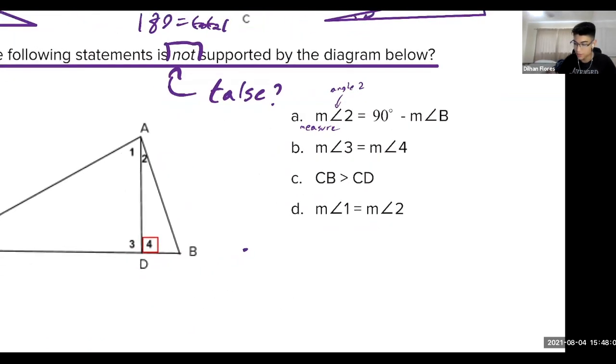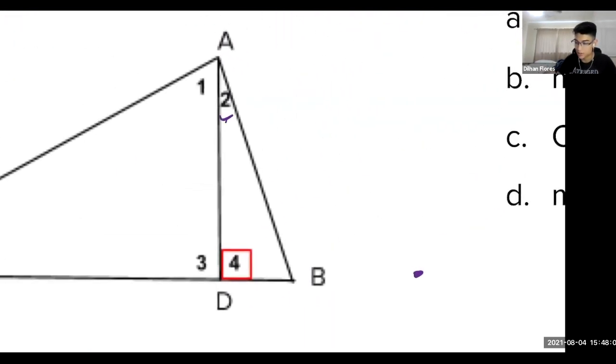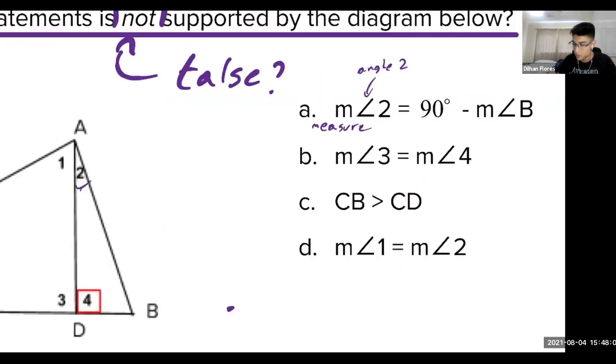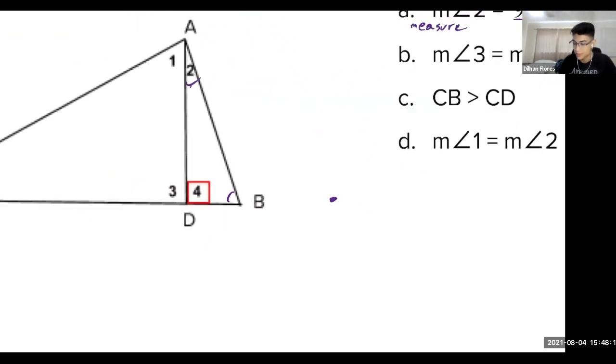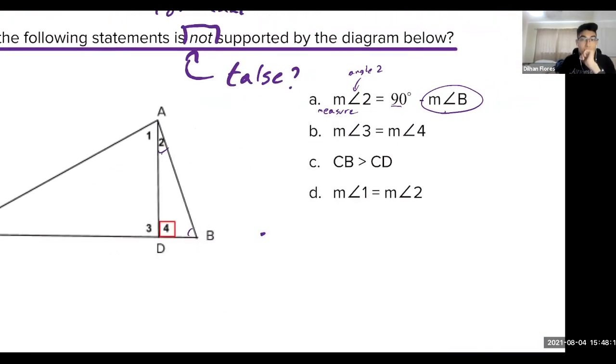Well, let's see. Angle 2 is this. Is that equal to 90 degrees minus the measure of angle B? Well, angle B is this guy. So we need to see whether or not this is true. If it's false, then that's our answer. We're looking for the false statement.